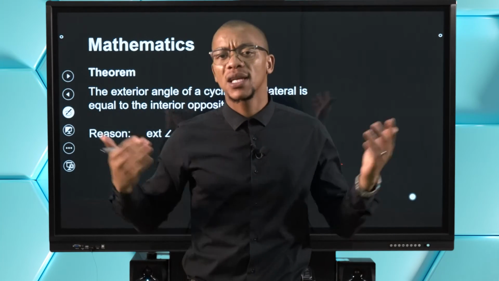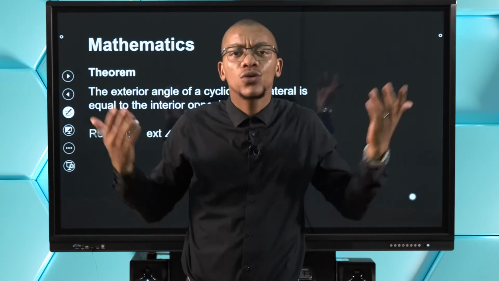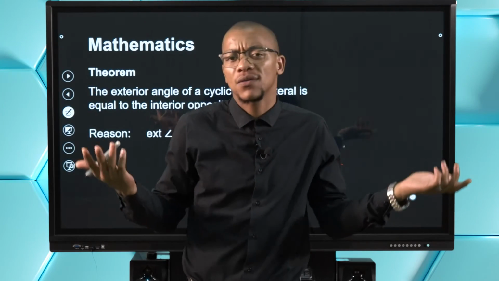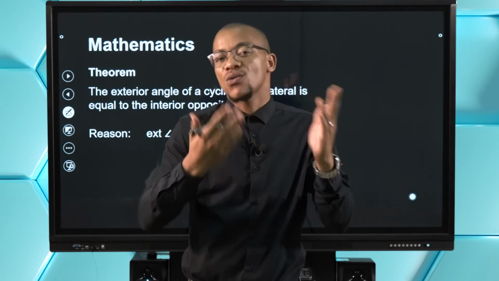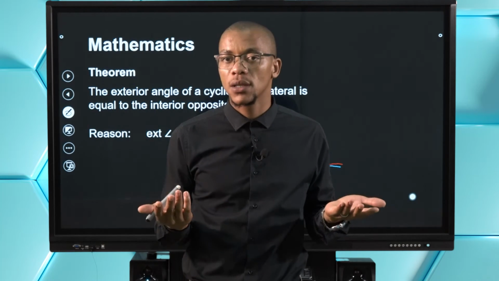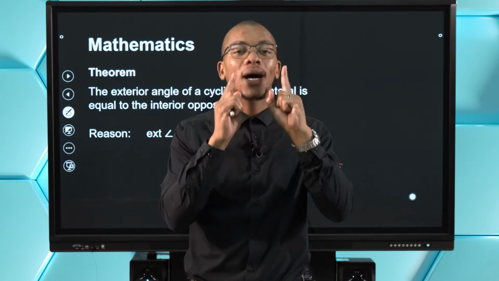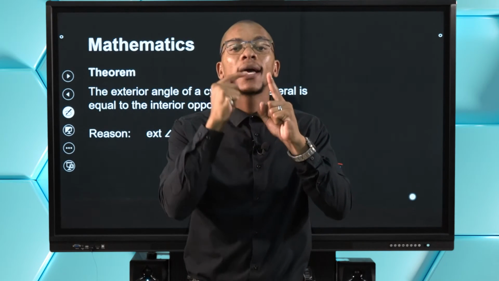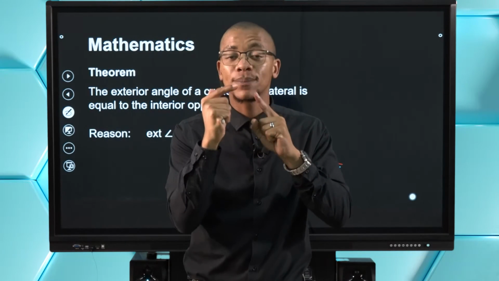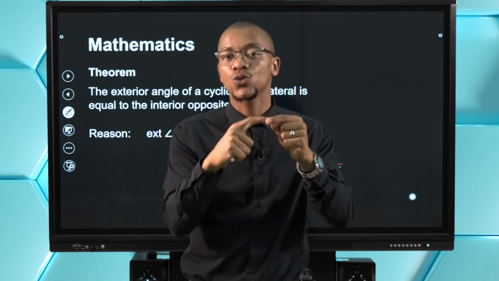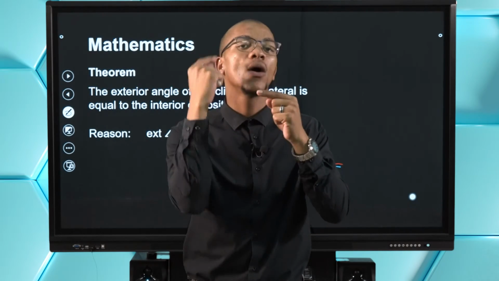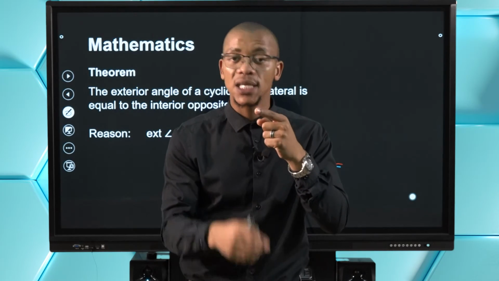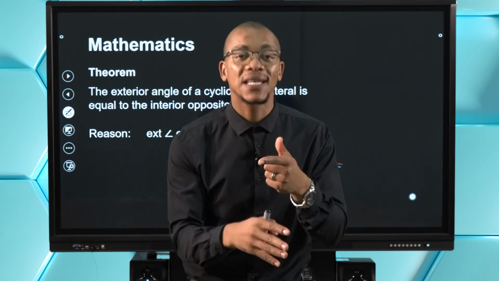The same thing with an exterior angle of a triangle. I can't talk about an exterior angle of a triangle unless I have one of the sides being produced. So you need to make sure that you understand that one side must be produced in order for this particular quadrilateral to have an exterior angle. One side must be produced for a triangle to have an exterior angle.